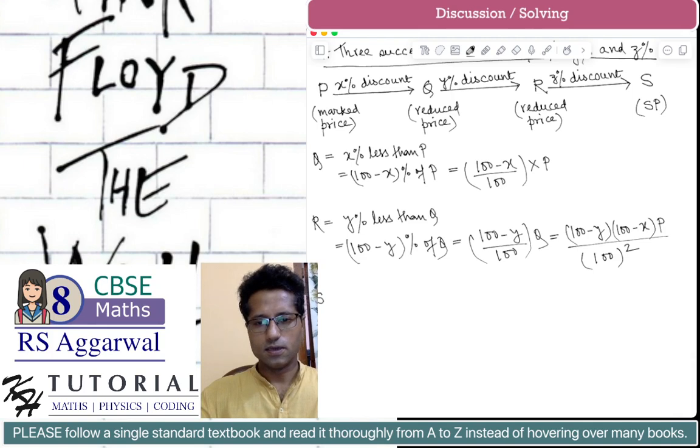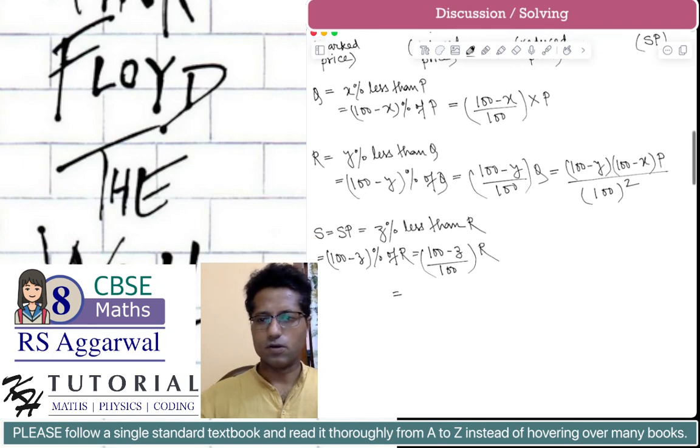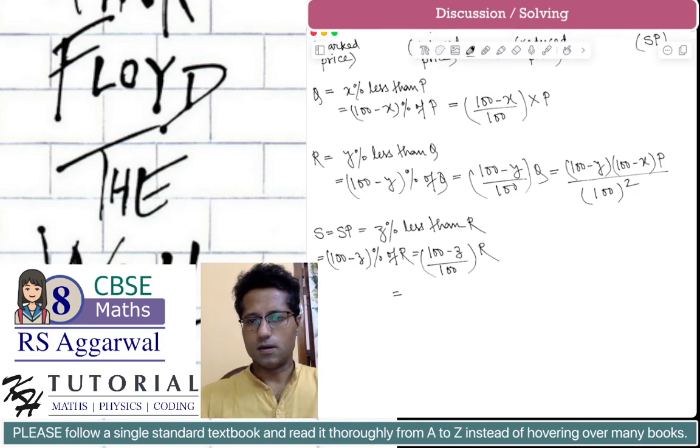You can say S is equal to SP is equal to Z% less than R, which is equal to 100 minus Z% of R, which is equal to (100 minus Z) divided by 100 whole multiplied by R. R we already know is this.